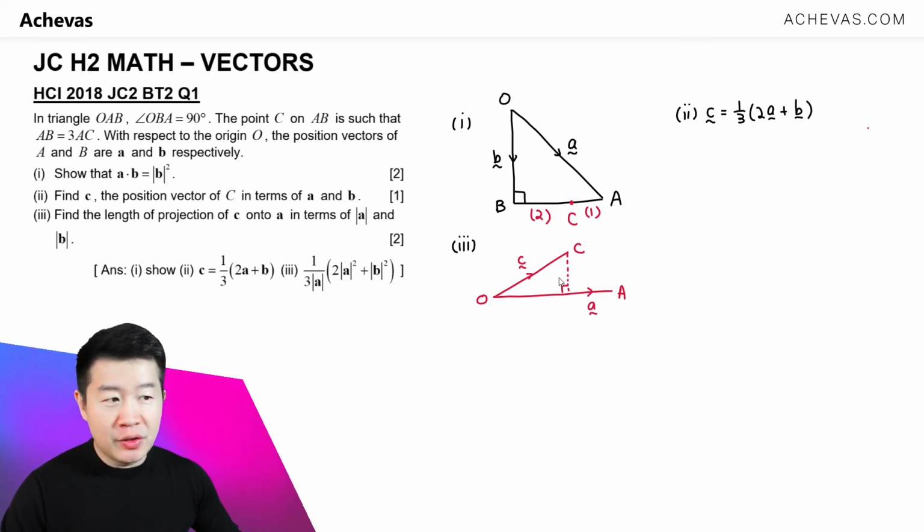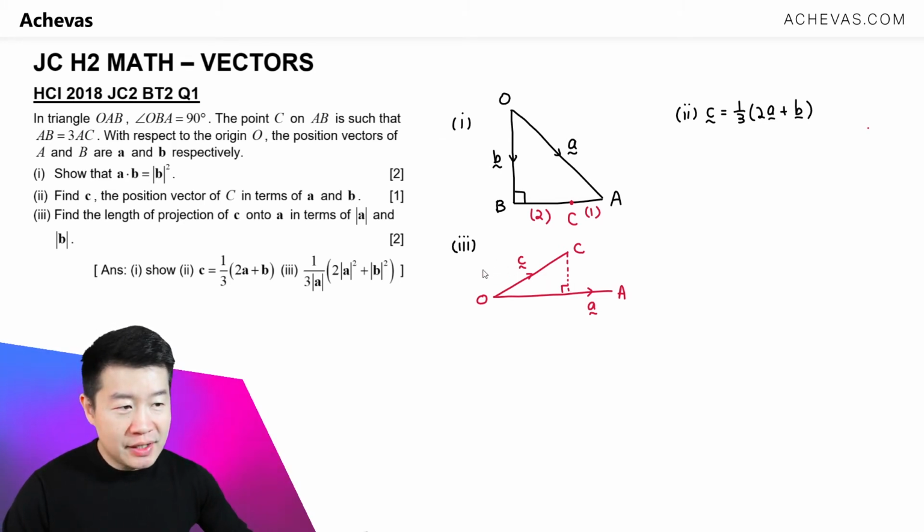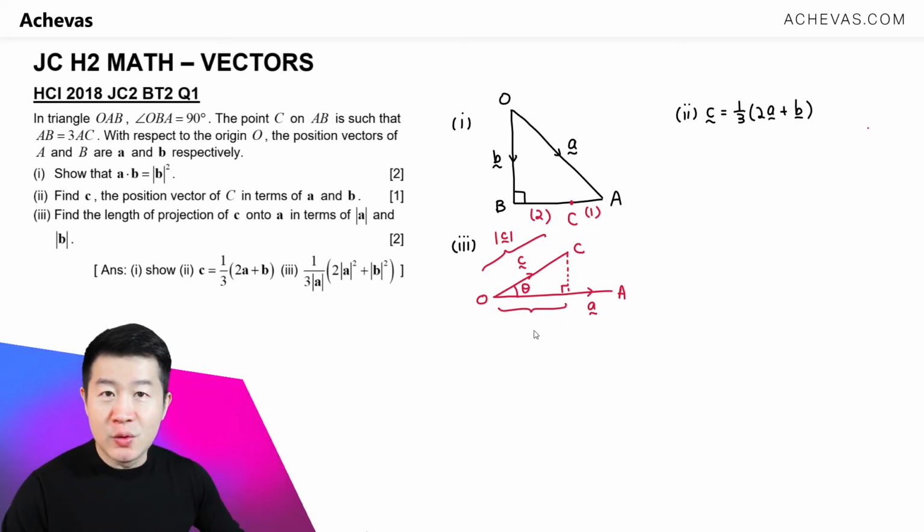So if I were to make use of the magic triangle, we are seeing a right angled triangle here, and we know that the length of the hypotenuse here, this length here, is modulus of C. That's why we are going for the modulus of C. And if I were to assign theta here, then this length, which is the length of projection, using SOHCAHTOA, is going to be modulus of C cosine theta.